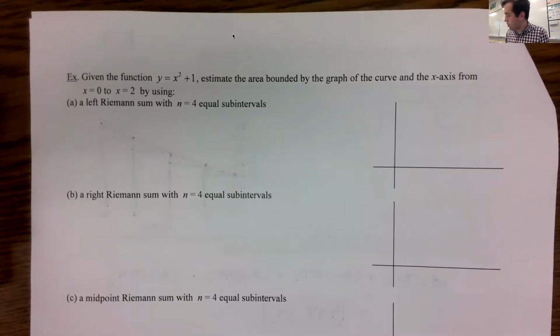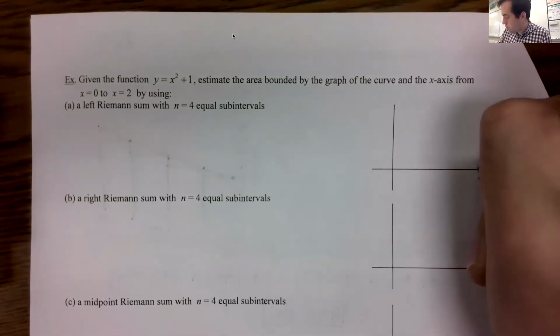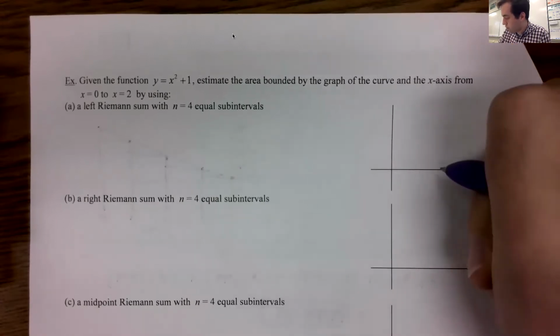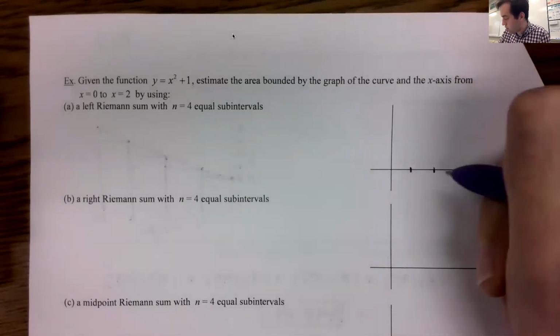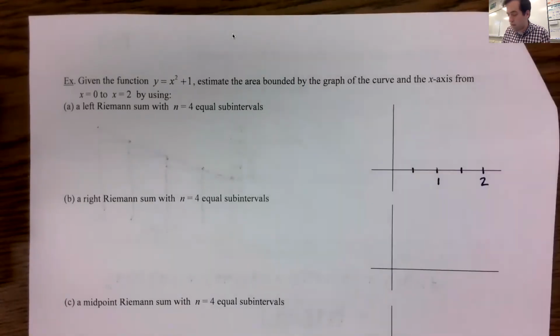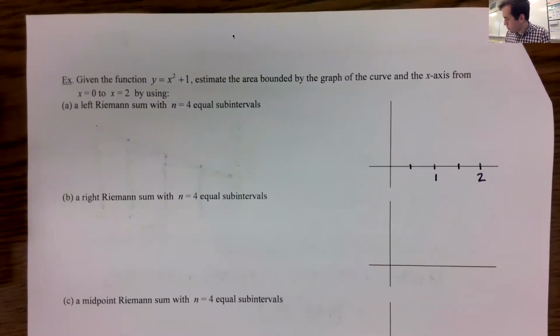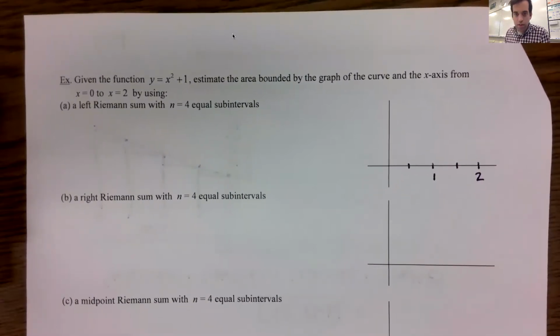We're going to go from 0 to 2, and we're going to be doing 4 subintervals. So I'm going to split this into fourths. So we've got 0.5, 1, 1.5, and 2, and we're using x squared plus 1. I'm going to try to sketch this graph here.